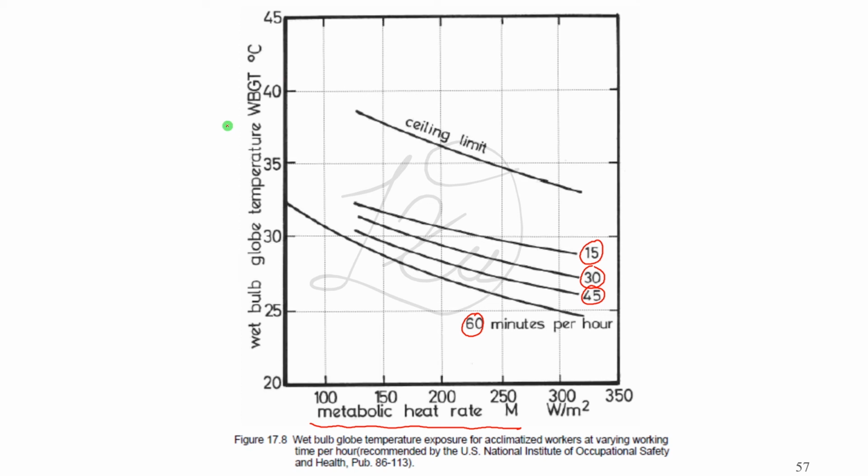For example, if a worker is working 60 minutes per hour and at a 200 metabolic heat rate, then the limit wet bulb globe temperature is roughly 27. Heat stress levels based on the wet bulb globe temperature have also been subject to an international standard.